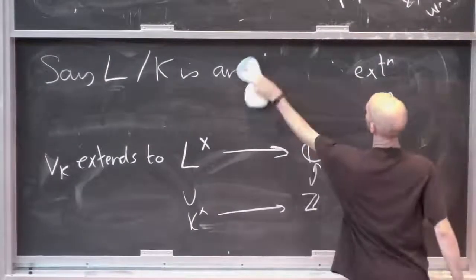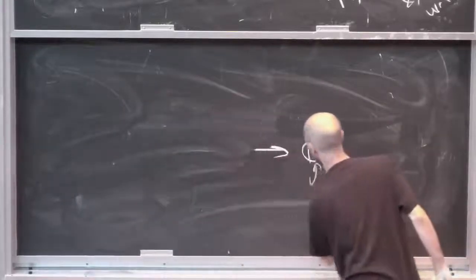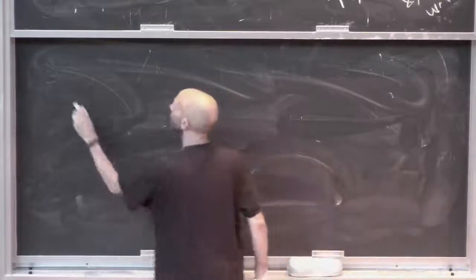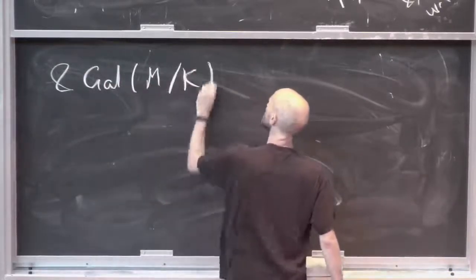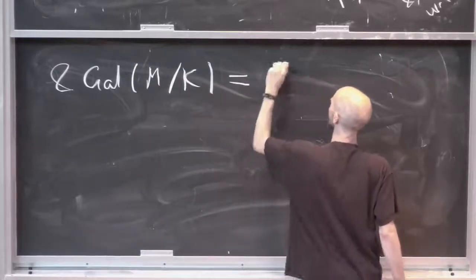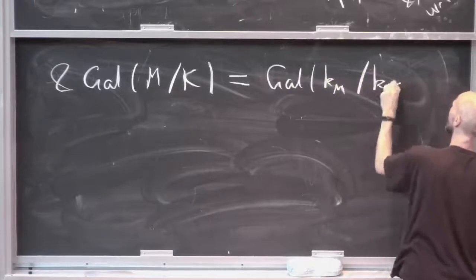And Gal M over K is canonically isomorphic to Gal k_M over k_K.